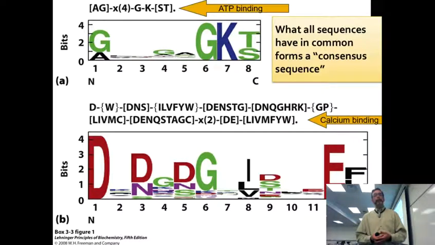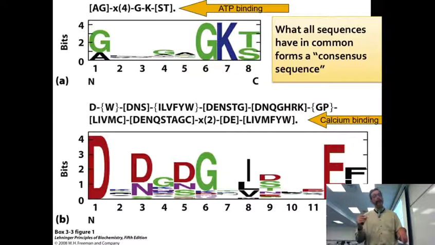On the other hand, the other one has the opposite situation where you have 4 red residues which are acidic and negatively charged. It turns out that this is a calcium binding site. And all the sequences, they can have lots of variation in other places, but almost all the sequences have D's in the middle, and all of the sequences have a D in position 1 and an E in position 12, except for a few of them that have, see that little squished D down there?